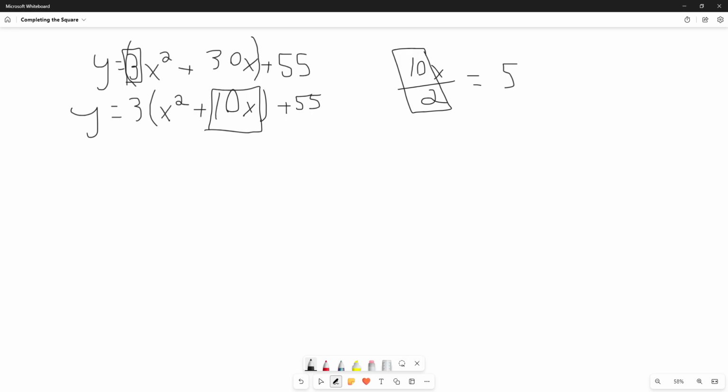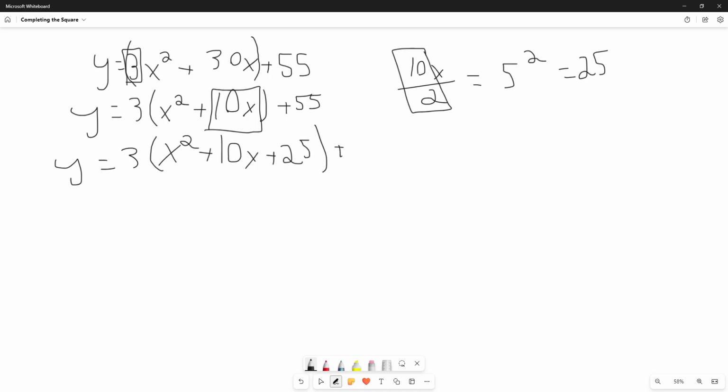Then what we do with that 5 is square it to give us 25. We take that 25 and plug it in. So 3 times x squared plus 10x plus 25. This is where the 25 goes. And here, plus 55.